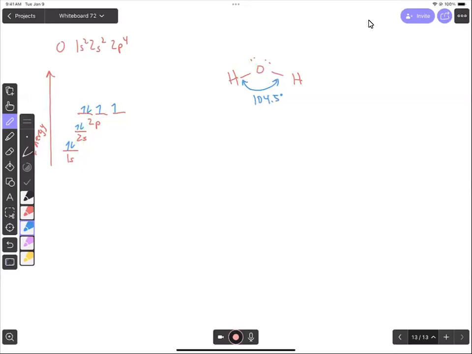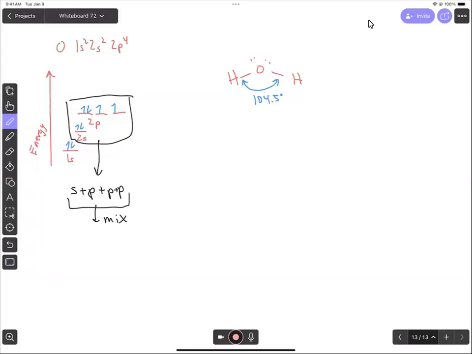We're going to take these orbitals, we're going to hybridize, we're going to blend these orbitals together. So I'm going to take my s orbital, my 3 p orbitals, we mix those together, and for every atomic orbital we mix in, we're going to get out 1 hybrid orbital.